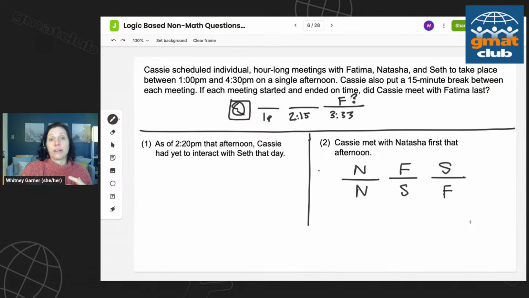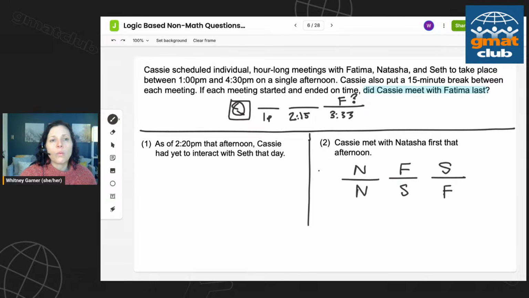Once I've got my various cases, what I'm actively looking for is to see if I can answer the question in different ways. Because if we think back to our answer choices from before, those are statements.